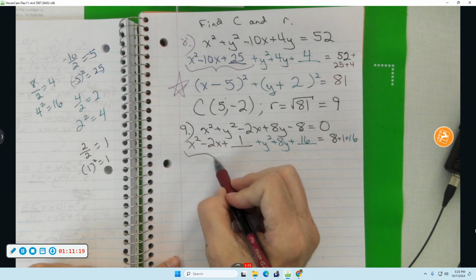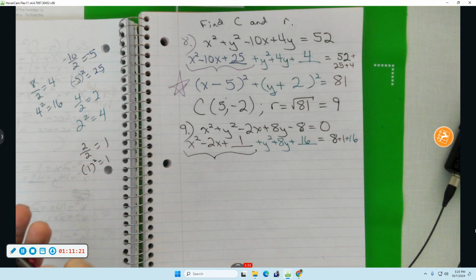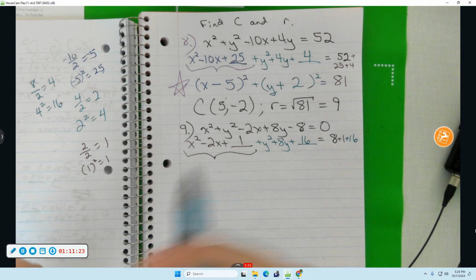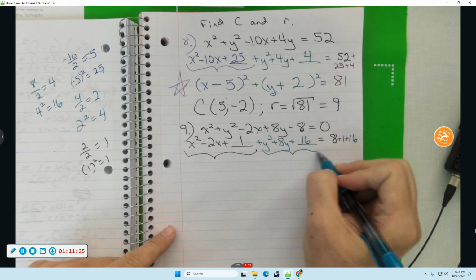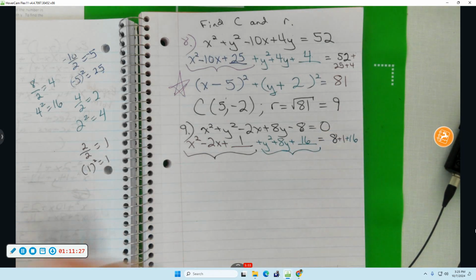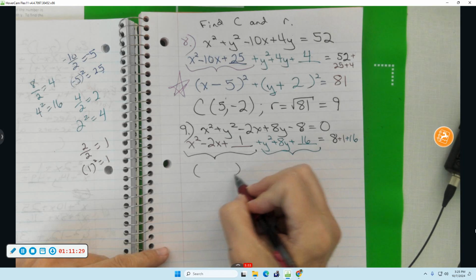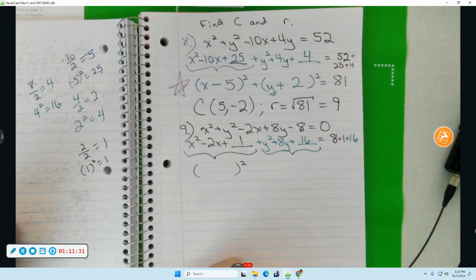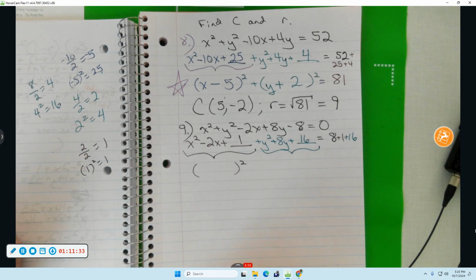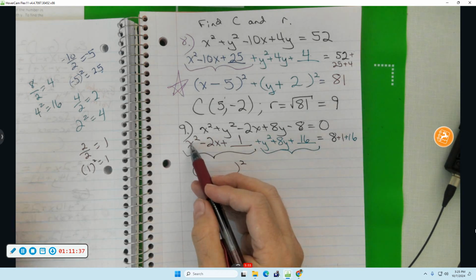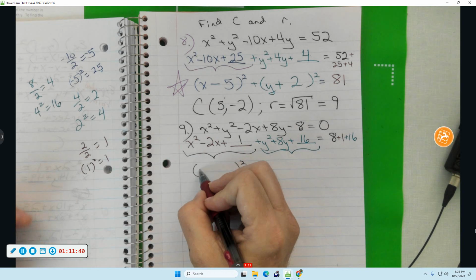Now we can factor the perfect square trinomials. We need this to factor as a quantity squared. What will I have inside these parentheses? Okay, what's the first thing I'm going to write?